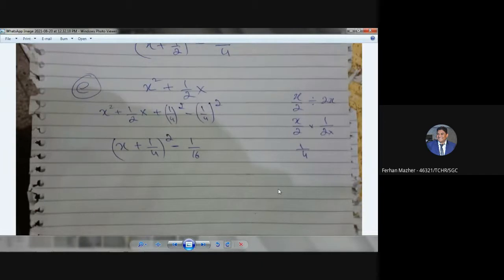Kindly do this in your copy. You can also confirm the answers because if you have your books with you.